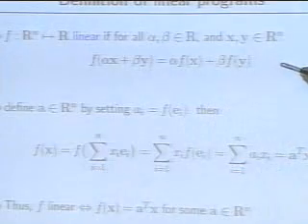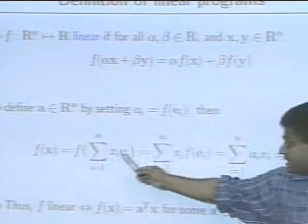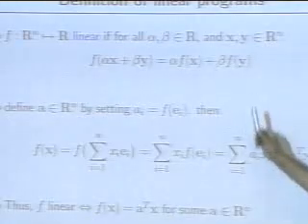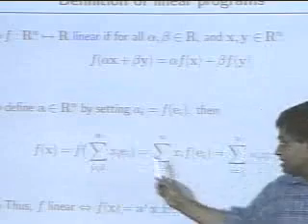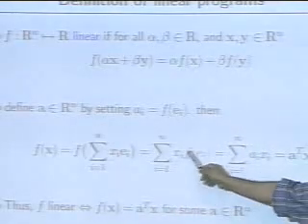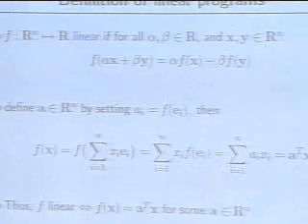Now I use the rule here. I can pretend that the xi's are my weights and the ei's are the vectors. So what this rule tells me is that the function evaluated at that summation is exactly equal to the function evaluated at the ei's, multiplied by the xi's and added together. I'm just using the definition of linearity.